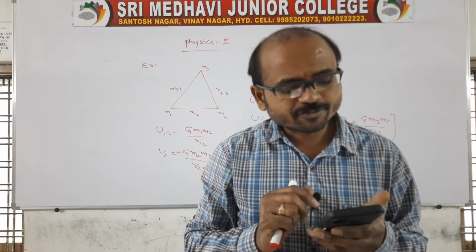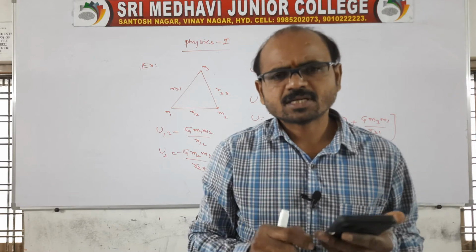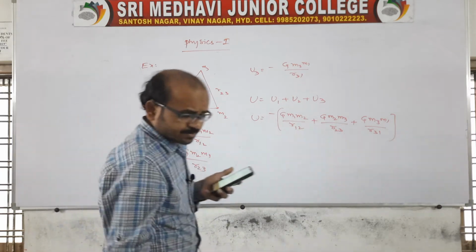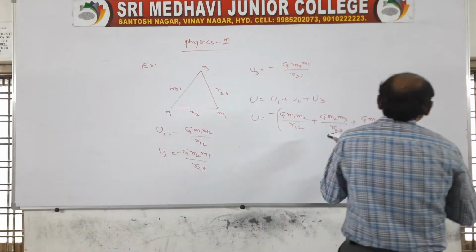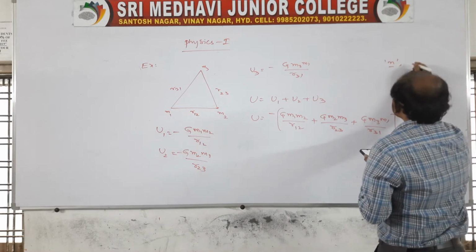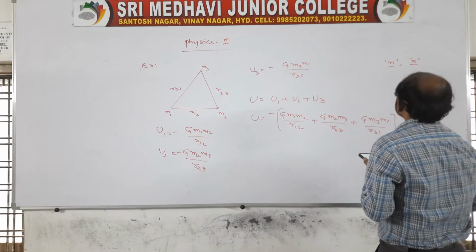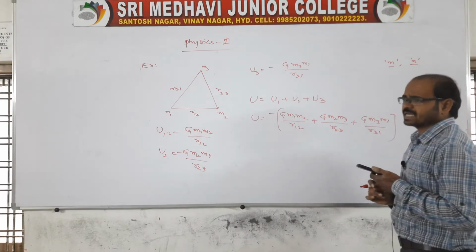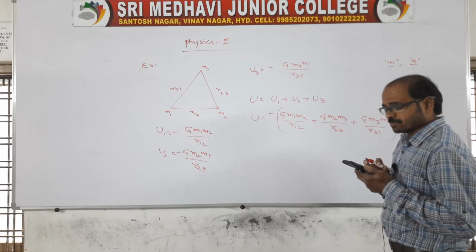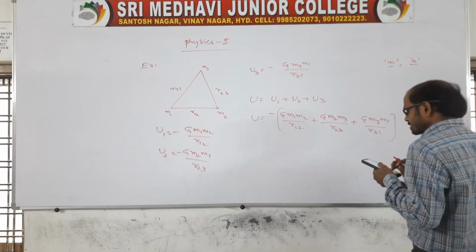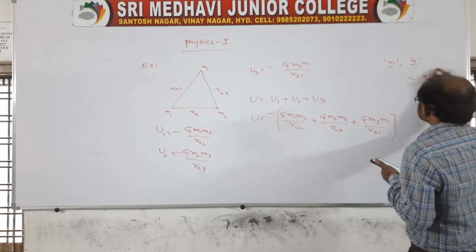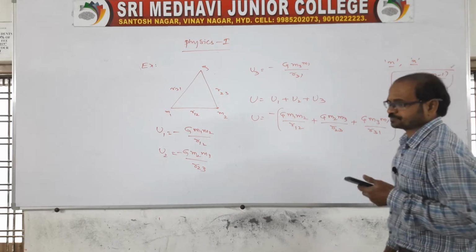Then how many pairs can be obtained? There is a formula for that. If n particles are placed at the n corners of the polygon, the number of pairs that can be obtained is n into n minus 1 by 2. These many pairs we can get.